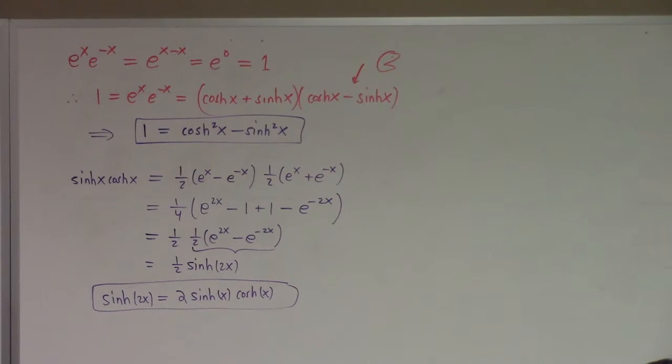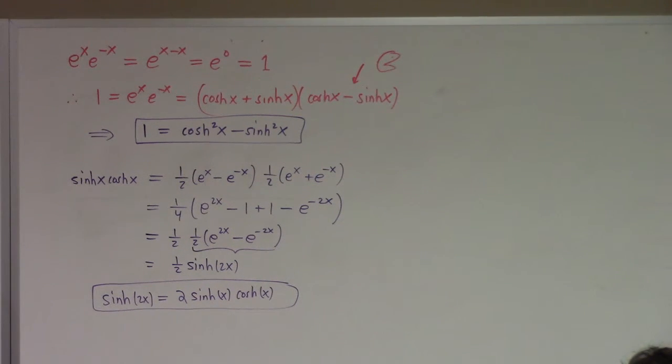Now, e^x blows up as x goes to infinity, and it gets tiny as x goes to minus infinity, and vice versa for e^(−x). So both cosh and sinh are essentially like exponential functions if you go far out. Long story short, cosh basically looks like a big parabola, and sinh looks something like this.